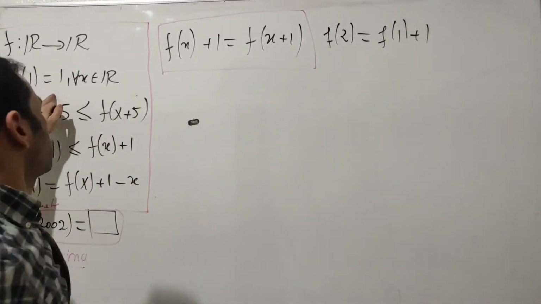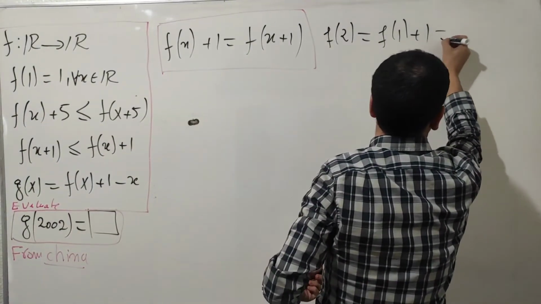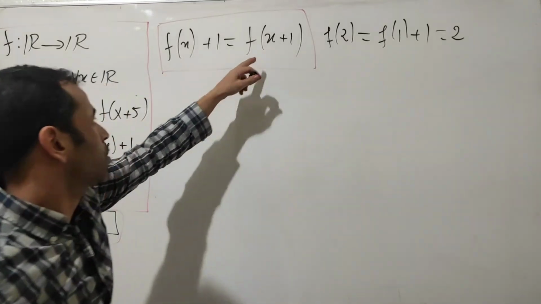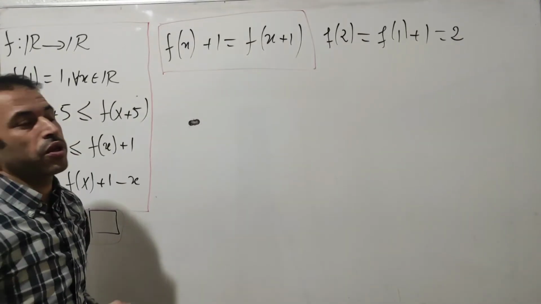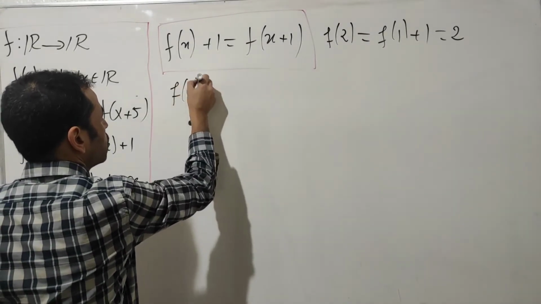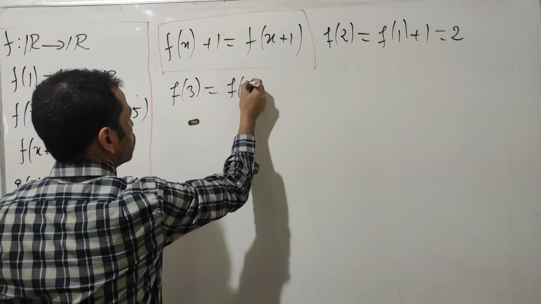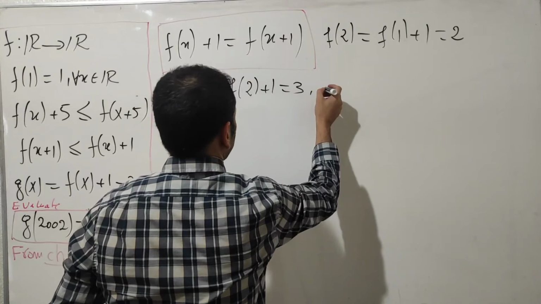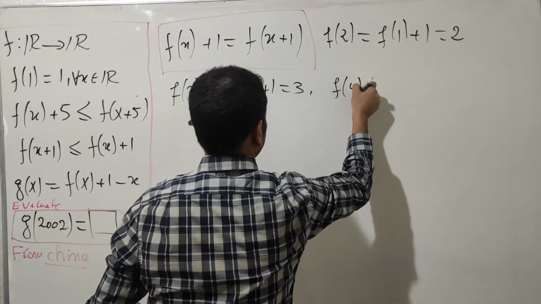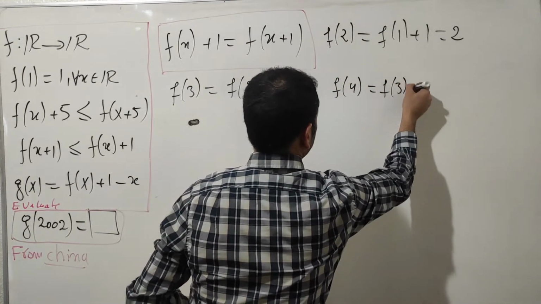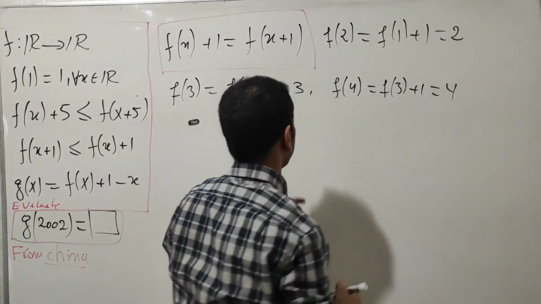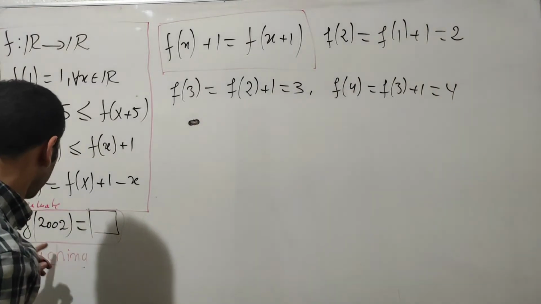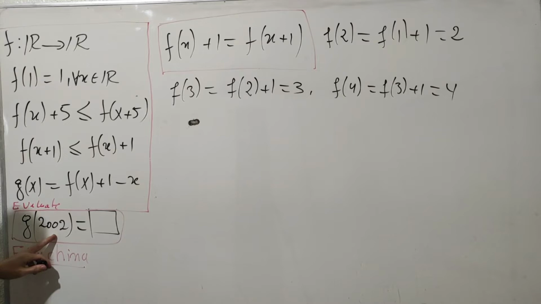We already know f of 1 equals 1, so it equals 2. Doing the same thing for the next value, I get f of 3, which equals f of 2 plus 1, which equals 3. And then f of 4 equals f of 3 plus 1, which equals 4. This follows similarly all the way down to f of 2002.